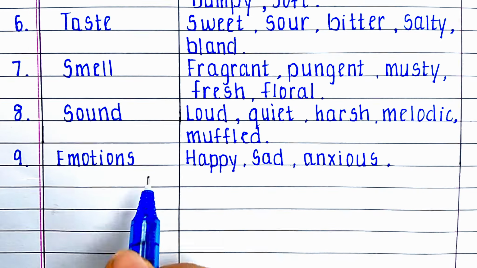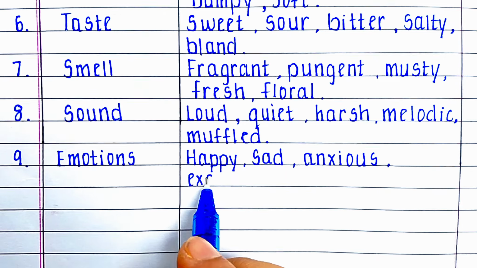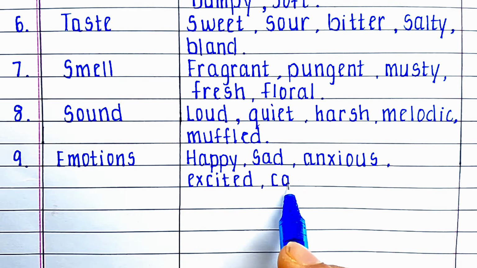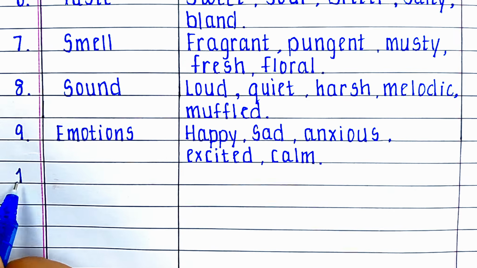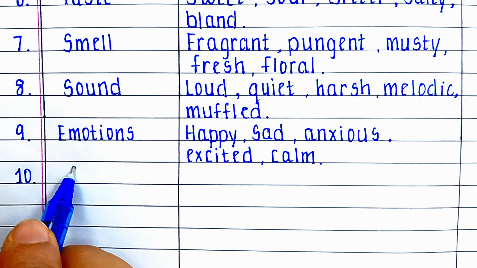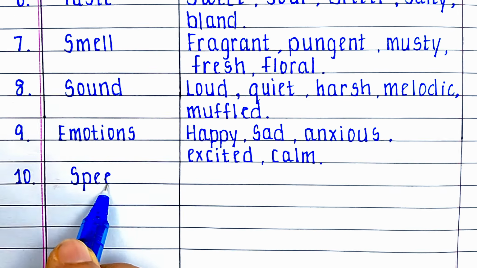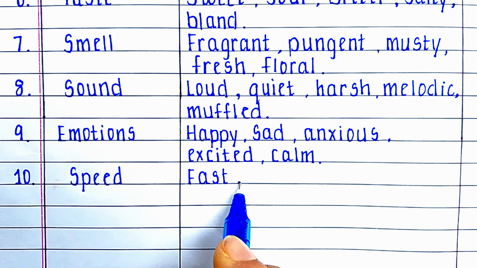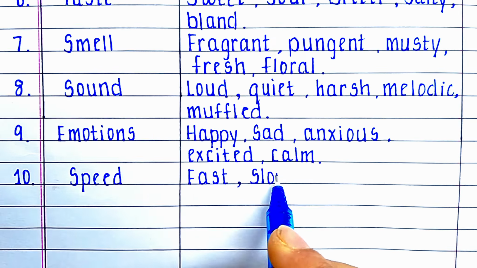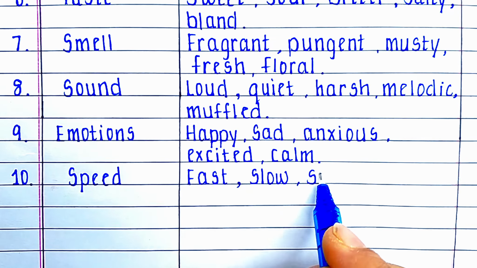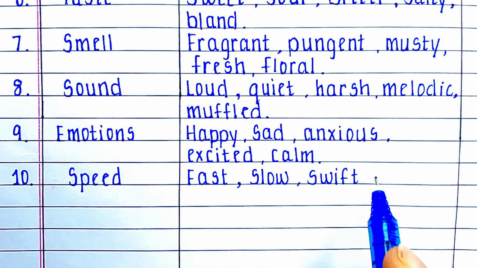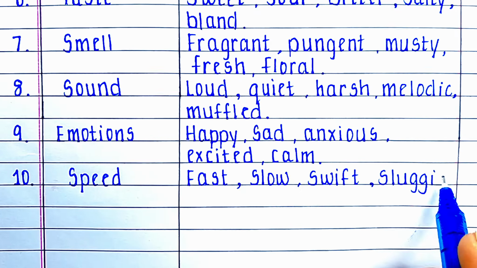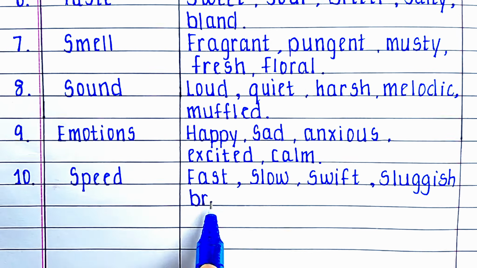The words are happy, sad, anxious, excited, and calm. Next category is speed. Descriptive words for the category of speed are fast, slow, swift, sluggish, and brisk.